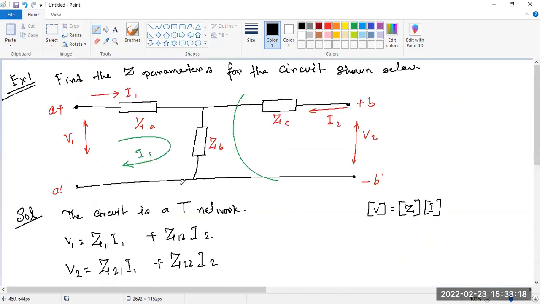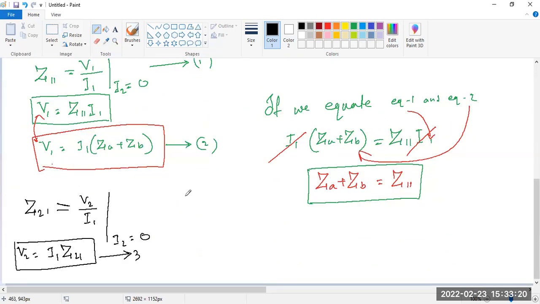We also know V2, because V2 is open. What happens in the circuit is that this point is open but this point is connected, so current flows in this way.